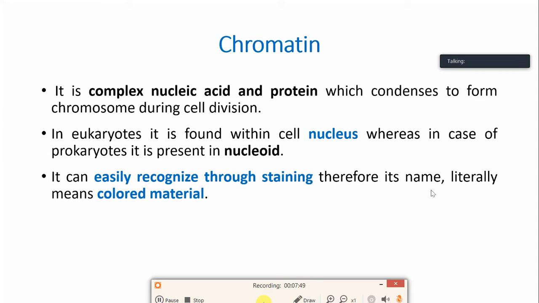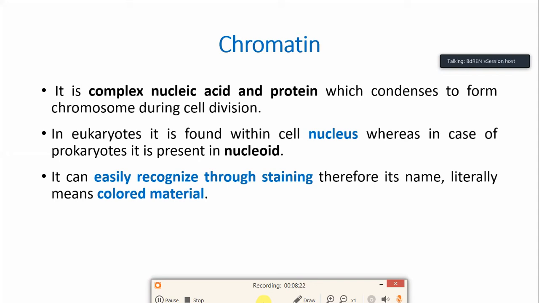Normally chromatin is found in the interphase stage, when the chromosomes are thread-like structures, and we call it chromatin or chromatin fibers. It is composed of nucleic acid and protein.